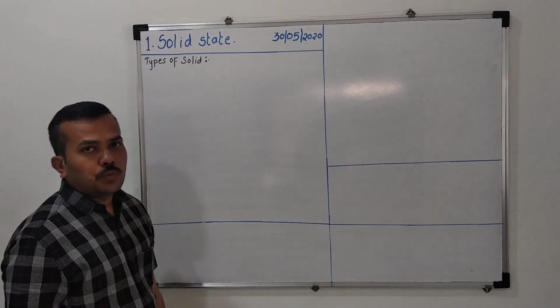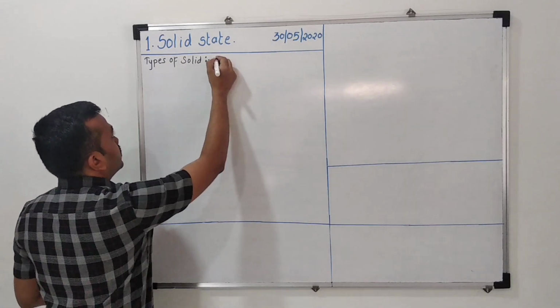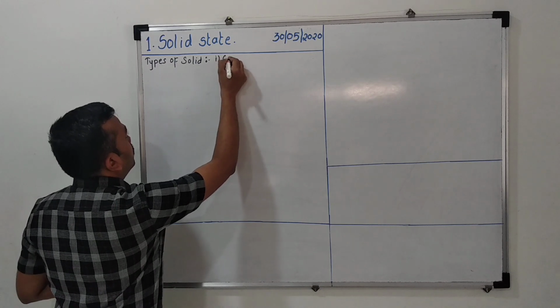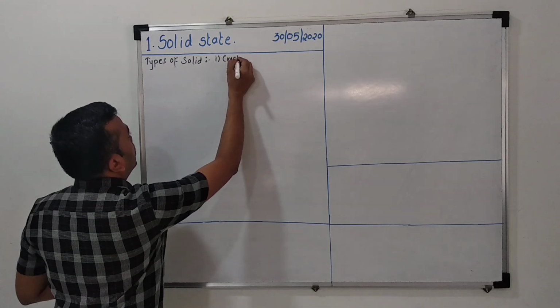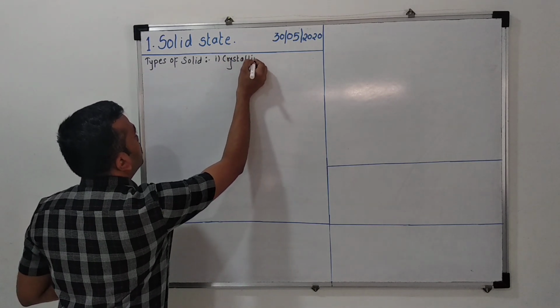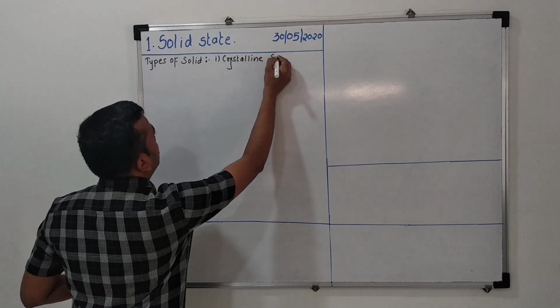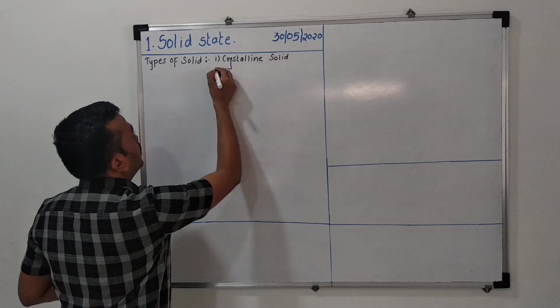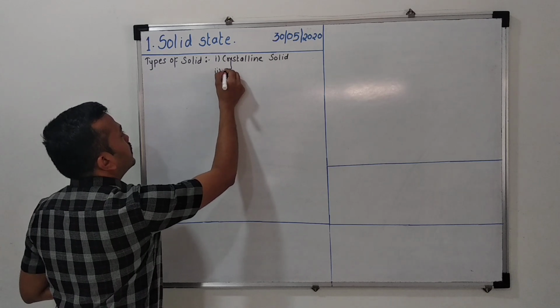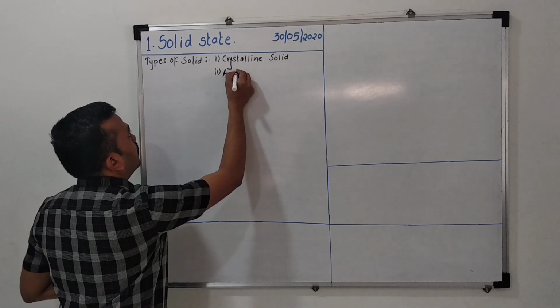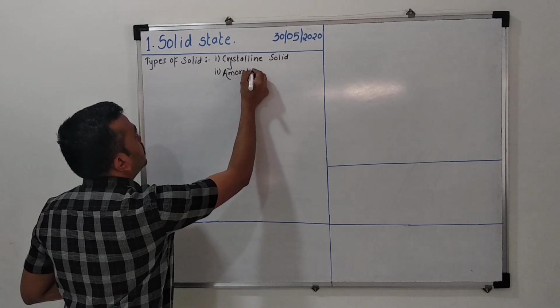There are two types of solids: crystalline solid and the second one is amorphous solid.